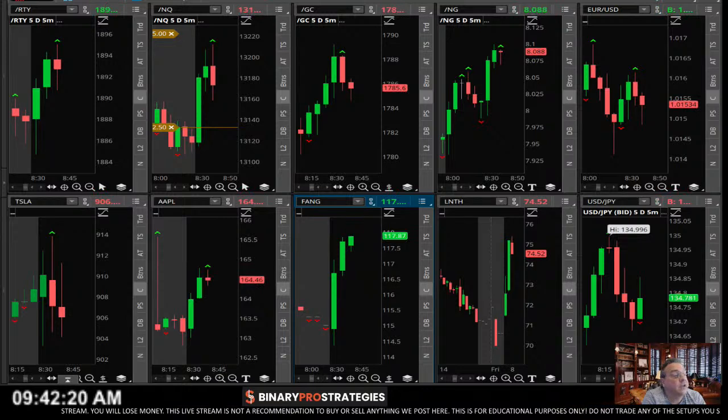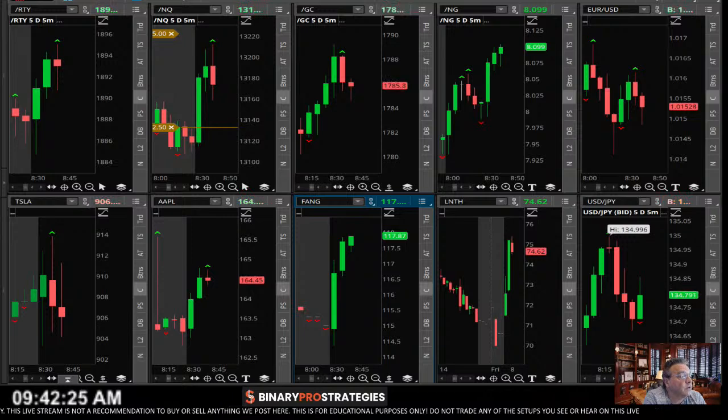Looks like Tesla wants to come down lower here. If you're a short trader, well, I'll give you an entry on that short. Got a short coming up possible on Tesla.